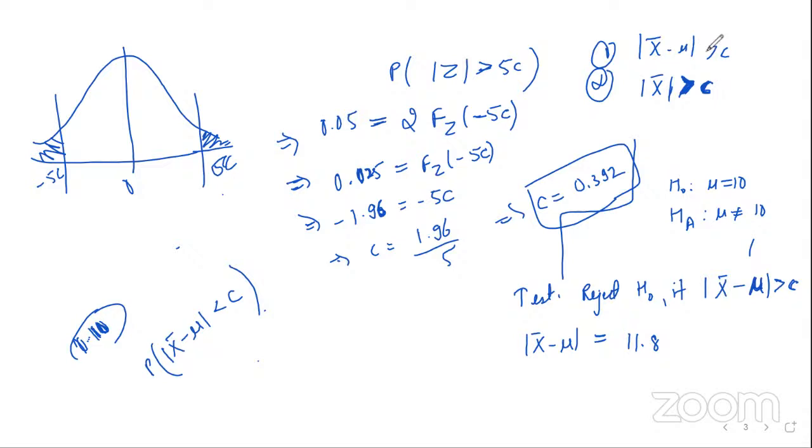It is just the way I have defined my test. I can define it like this or like this. It's completely your choice how you want to define your test.